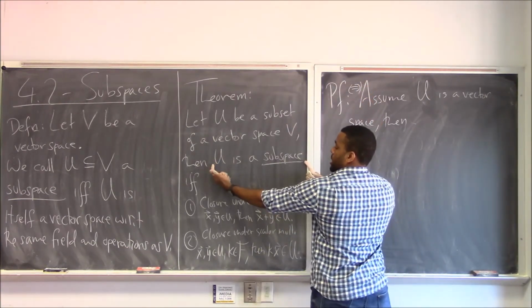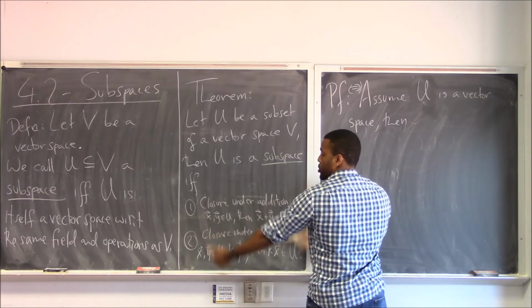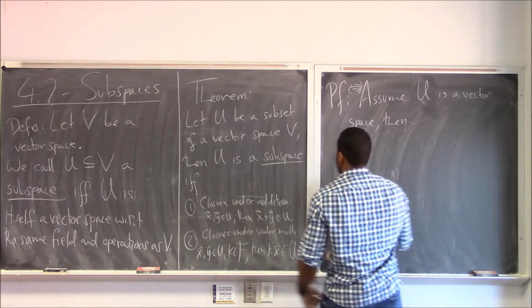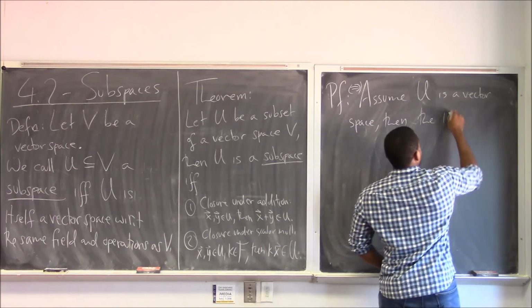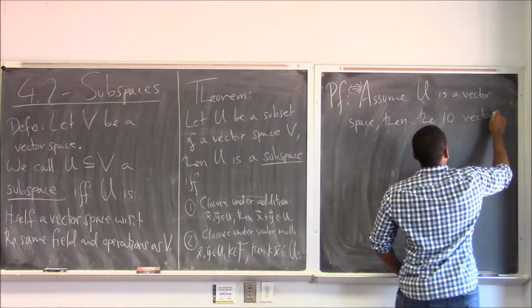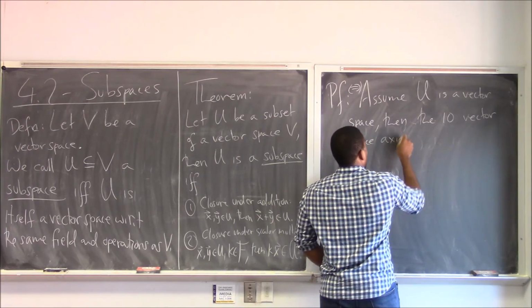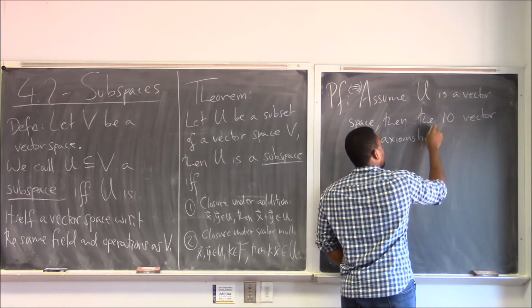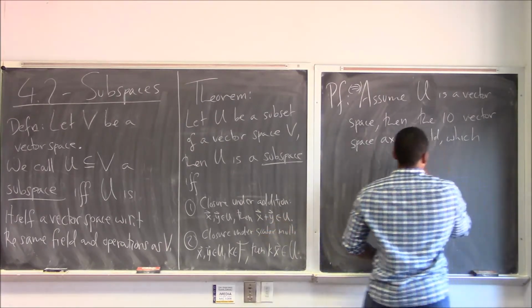If it is a subspace, then these two things must hold. Then the 10 vector space axioms hold, and they include these two properties, so I get them for free.